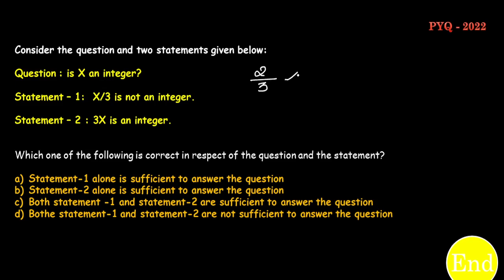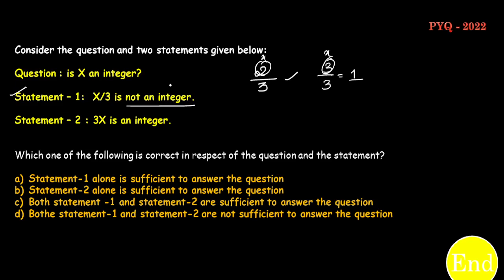So this works. But if I take 3 by 3, if the x value is 3, then this is an integer. But the statement says it is not an integer. So from statement 1, I can't predict whether x is an integer or not.